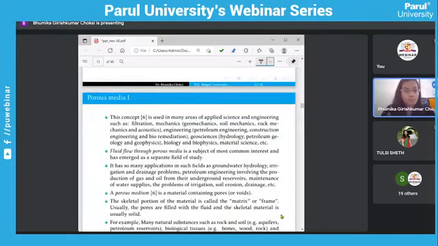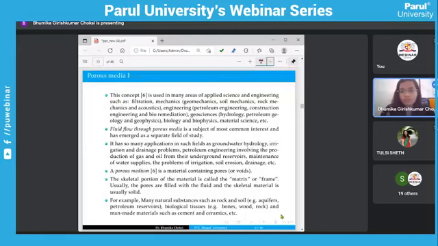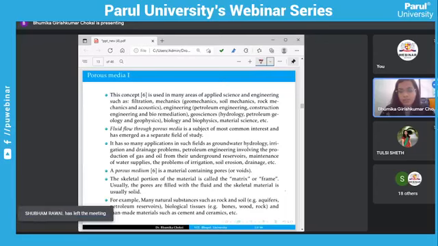So what is porous media? Can anyone answer? What is porous media? Porous medium, any example? The word itself says the meaning: pores, porous. Okay, so it is the combination of pores and medium, porous medium.